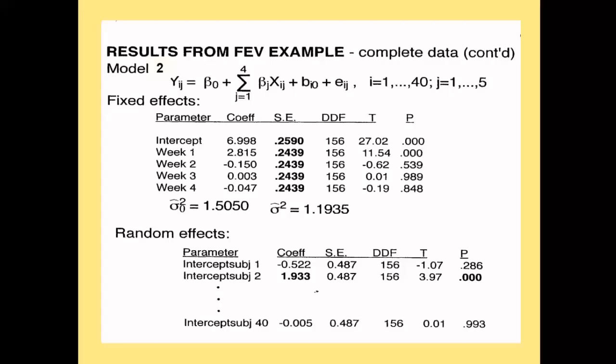So in this model, there's one random effect. You're going to get 5 estimates for the 5 betas, and then you're going to get a bunch of estimates for the random effect. Since there are 40 subjects, you're going to get a list of 40 estimates for the intercepts for the 40 subjects. So that's why you're estimating not only these 5 things, but you're getting 40 other things.